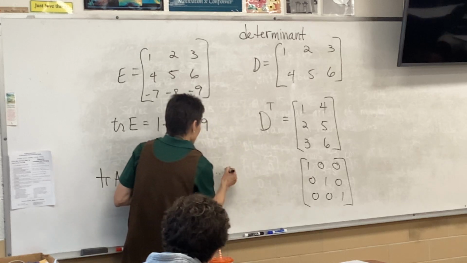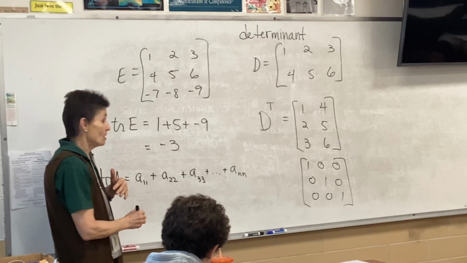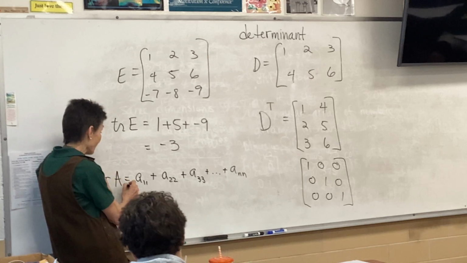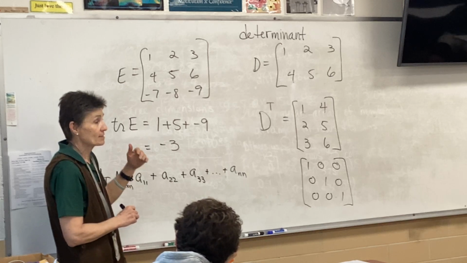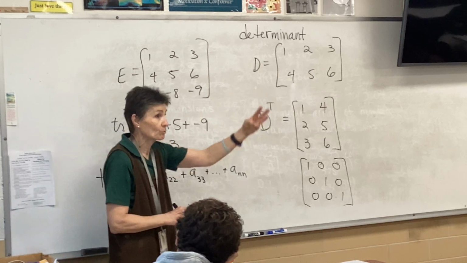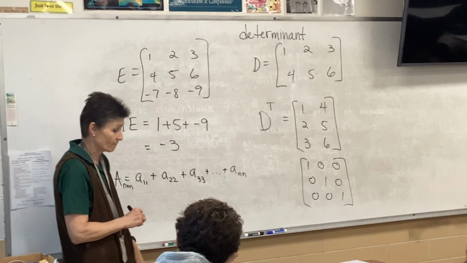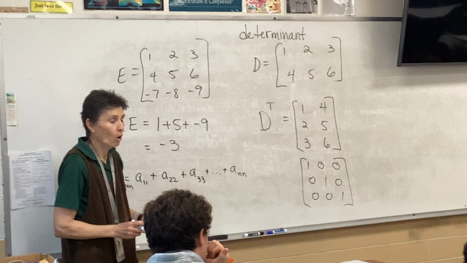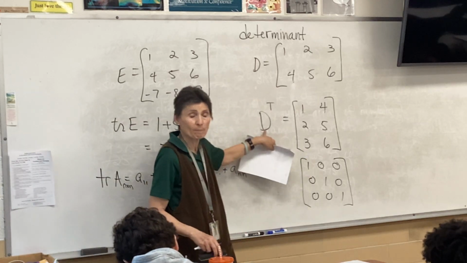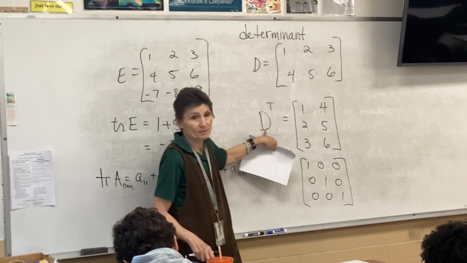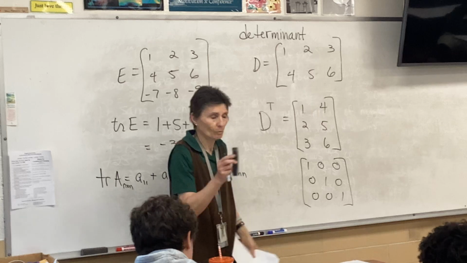So I'm going to say dot, dot, dot plus A sub NN. So if A is an N by N matrix, then its trace is 1, 1, 2, 2, 3, 3, and all added up, right? That makes sense? That's your definition. So you can only do that on squares, only exists in square matrices. Now, you can transpose anything, but trace and determinant and inverse only go with squares.